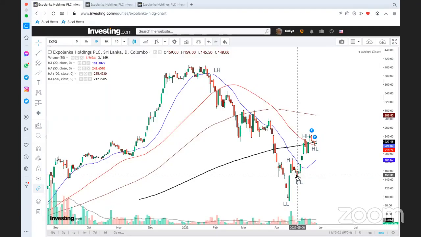Thereafter, 1.96 million. Then the next day, the volumes have increased to 2.28 million. So when there's a fall, there is a tendency that the volumes are also coming down.